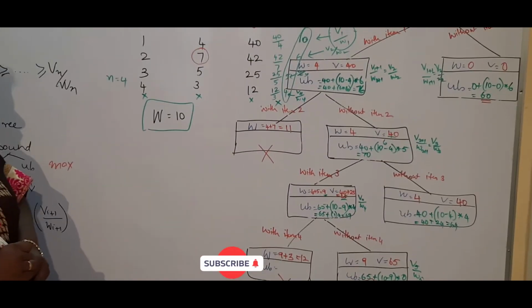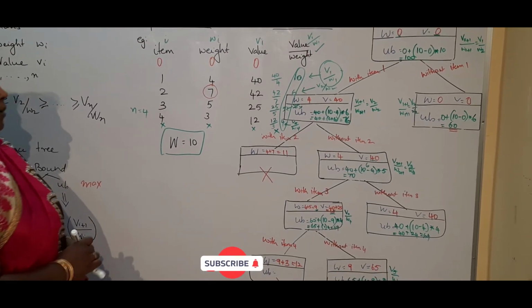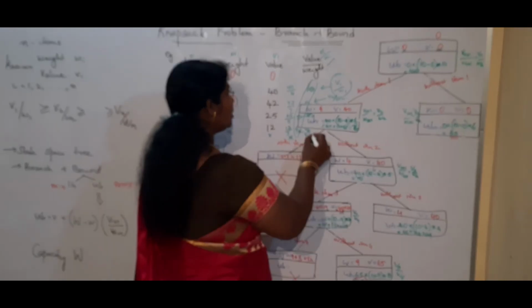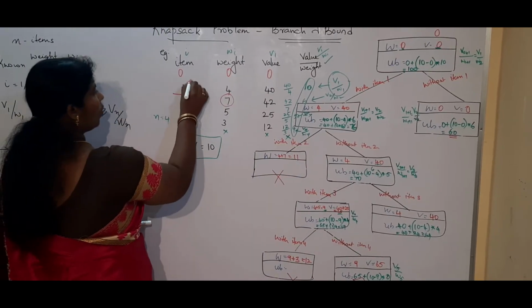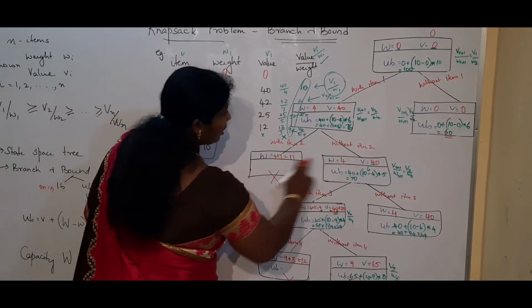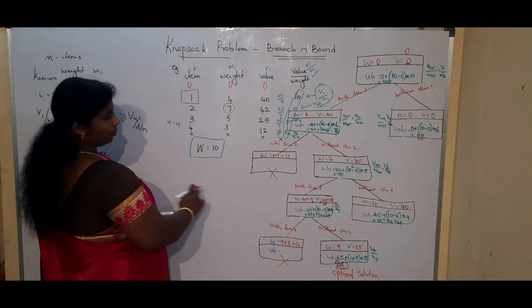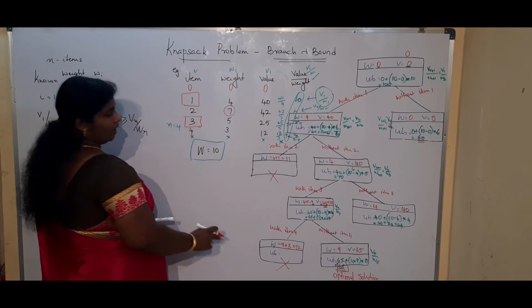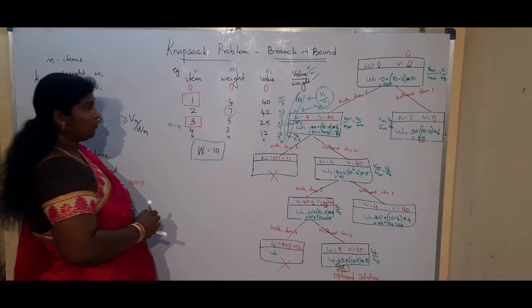Okay, so now my solution would be, my bank will get the maximum profit with item number 1 and without item number 2 and with item number 3 and without item number 4.